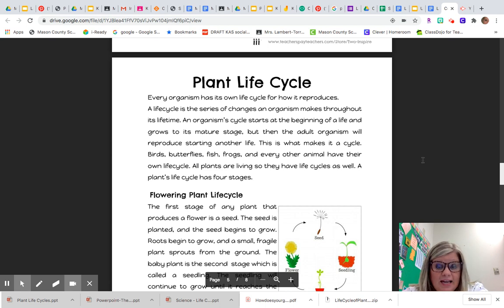So like I said, today we are going to be studying plant life. And if you were in school, I would have our I CAN posted. And today it's pretty simple. I can explain the life cycle of a plant. This is something that you've probably had when you were at Straub or another elementary school in kindergarten, first and second grade.